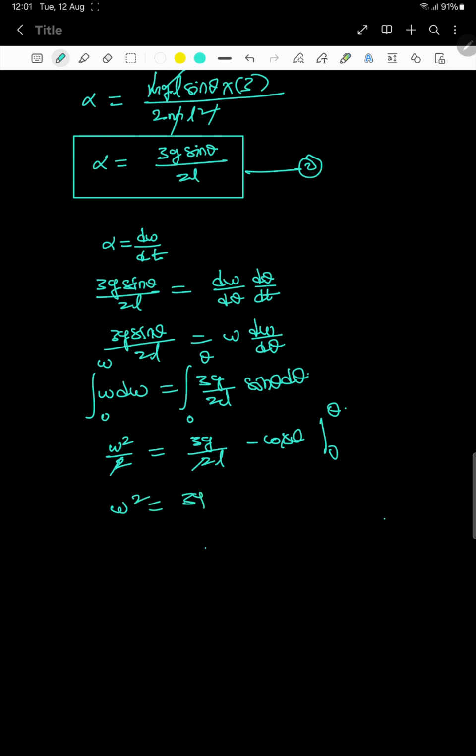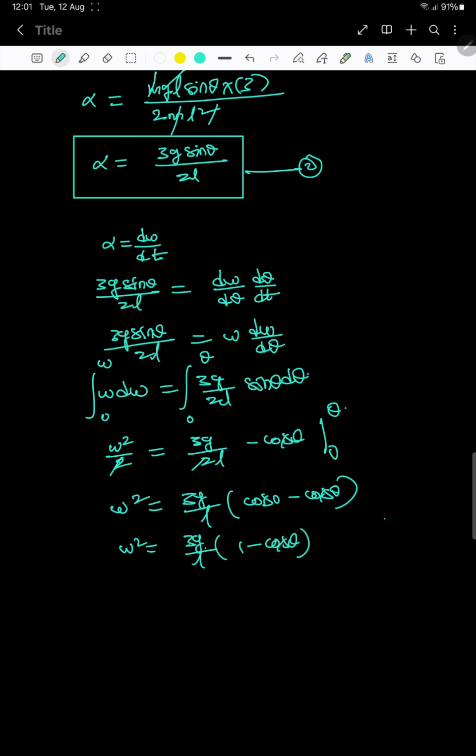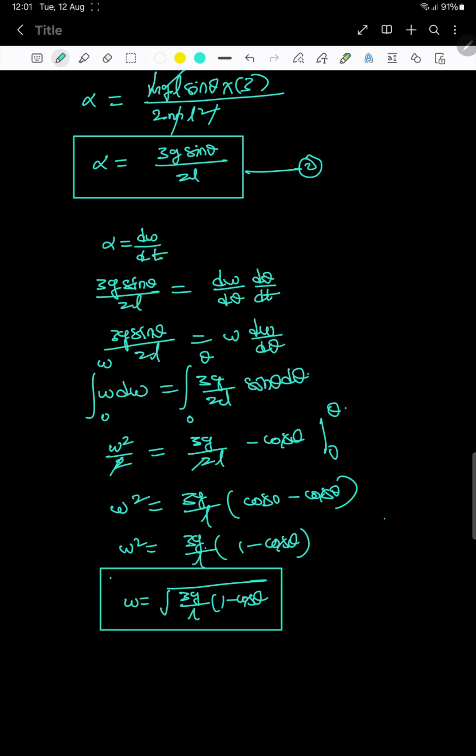Omega square is equal to 3g by L into cos 0 minus cos theta. As I have removed the negative sign, interchange the limits. So omega square is equal to 3g by L into 1 minus cos theta, since initial cos 0 is 1. Omega is equal to root over 3g by L into 1 minus cos theta. This is the formula of angular velocity.